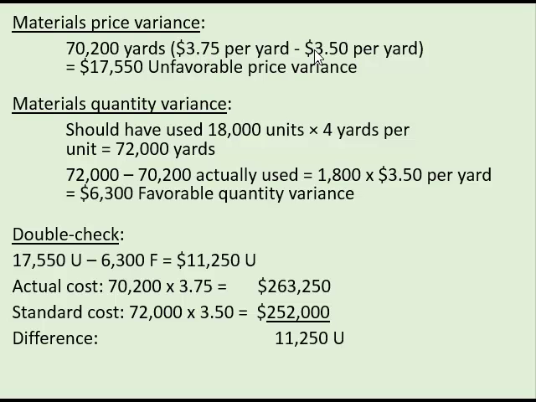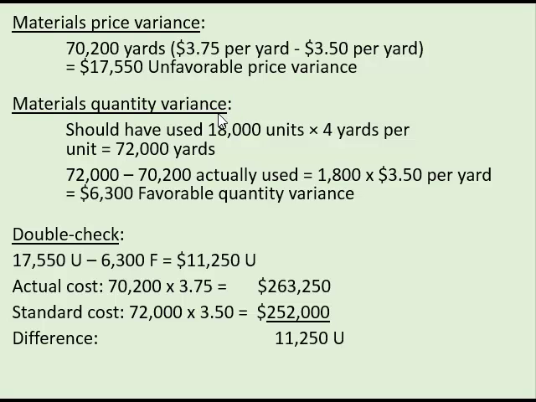And the difference in price is 25 cents per yard, and we're going to multiply the difference in price by the actual quantity of 70,200 yards that we actually purchased and used. And our answer represents an unfavorable price variance because we actually paid more than what the standard says we should pay.